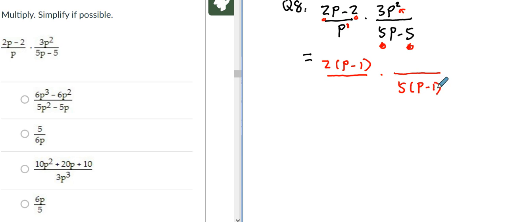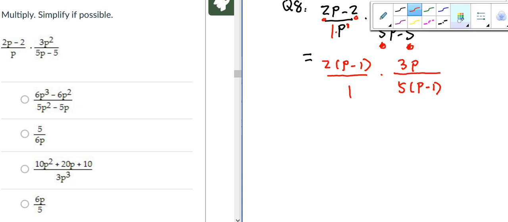But we leave 3. And then we can consider p squared with p. So when you do the cancellation, remember there is a 1 in front of it. You cancel p, you still have a 1 over there, because 1 times p is p. Okay, so there was a 1 over there. And then here, p squared is p times p. So you cancel 1p, you have another p left.